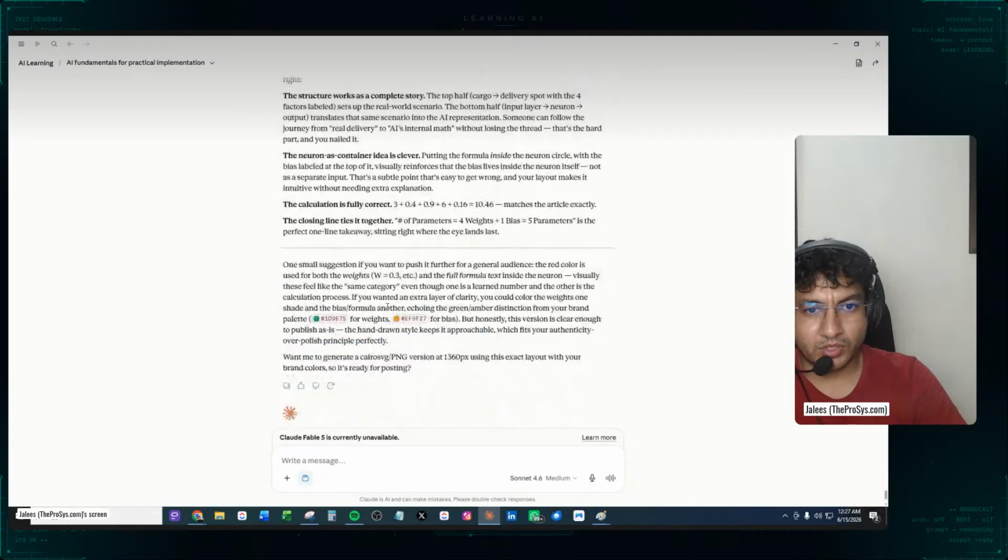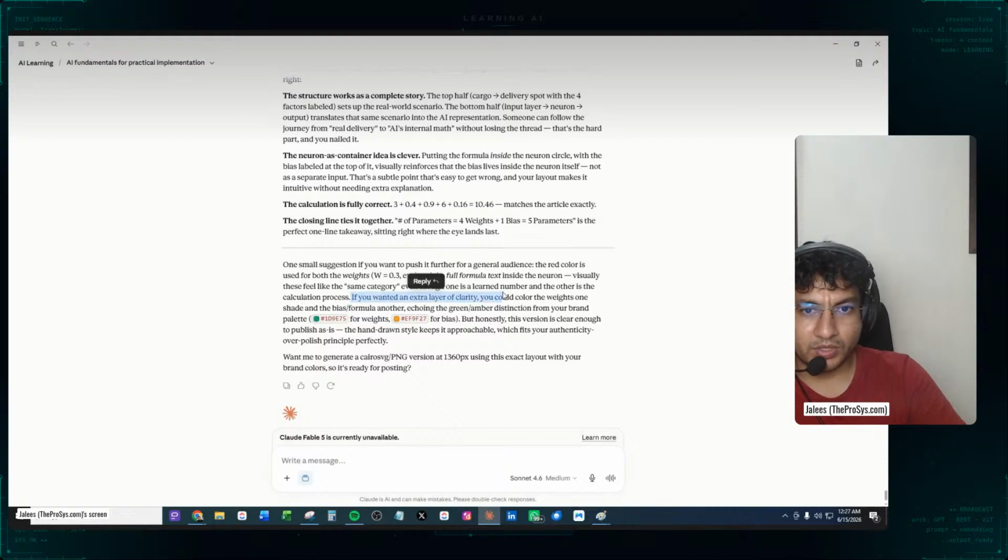One small suggestion: if you want to push further for the general audience, the red color is used for both the weights and the full formula text inside the neuron, so they visually feel like the same category, even though one is a learned number and the other is the calculation part.